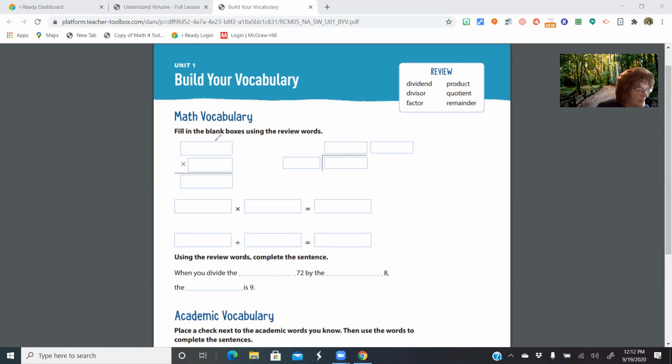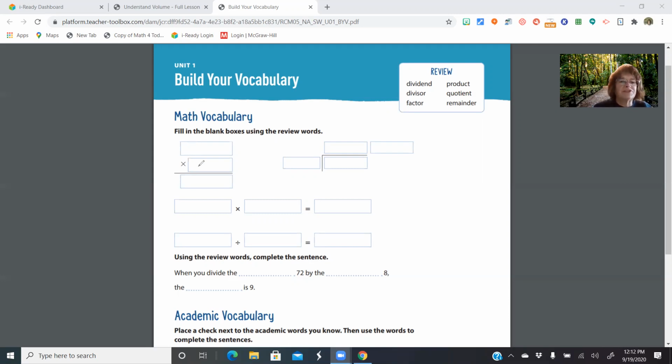The review words are up here in the corner. You have dividend, divisor, factor, product, quotient, and remainder. So one of these 6 words is going to fit somewhere in these boxes.